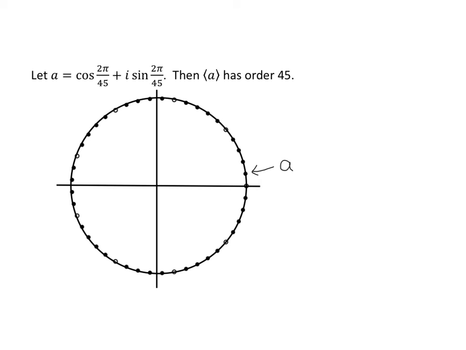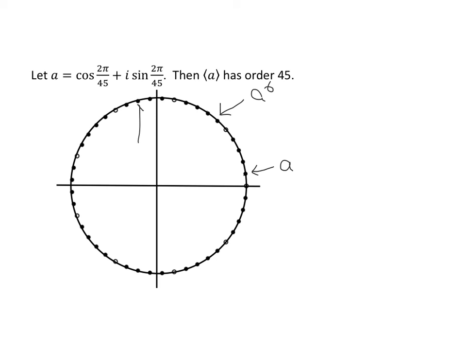If I look at another point here, that point is what? Let's count these, 1, 2, 3, 4, 5, 6. So that point is A to the 6th. Okay, looking at another one, if I keep going, that would be 7, 8, 9, 10, 11, 12, 13.